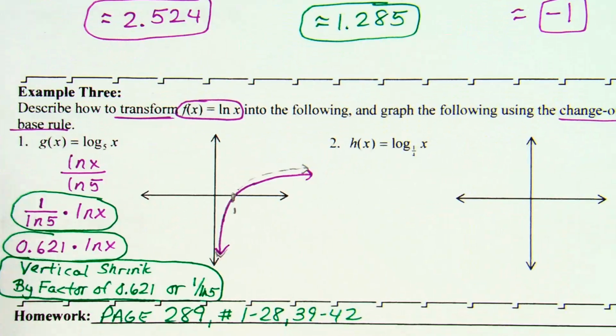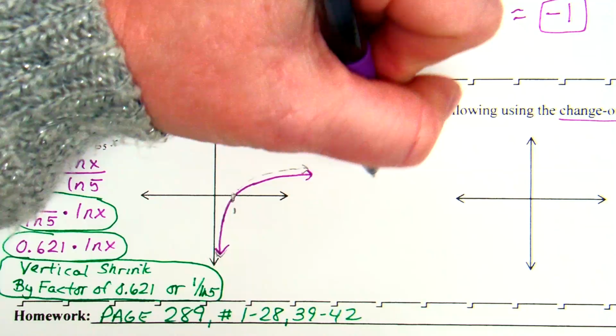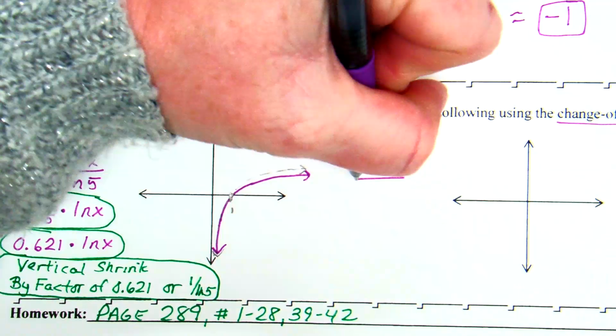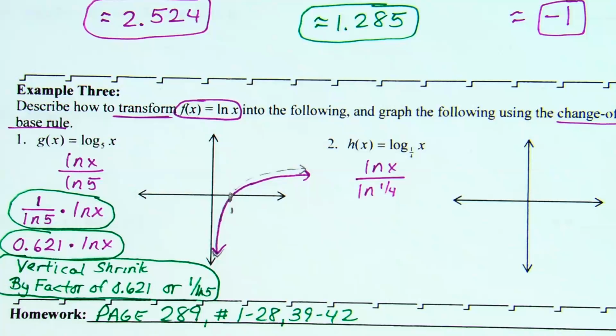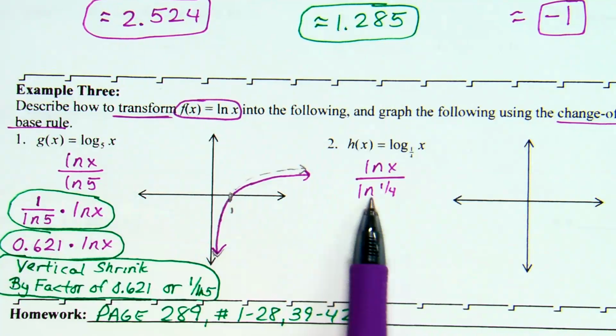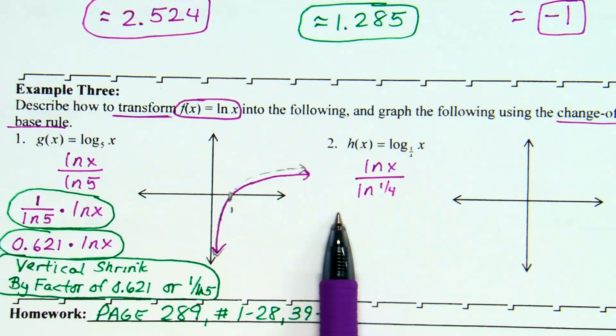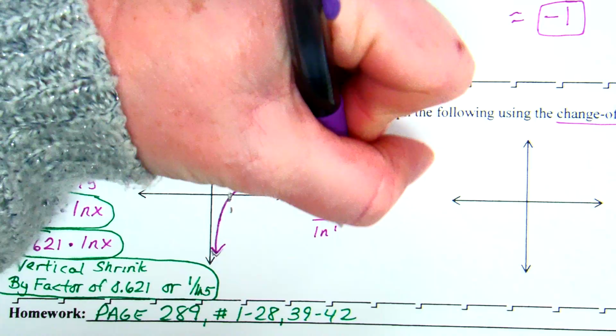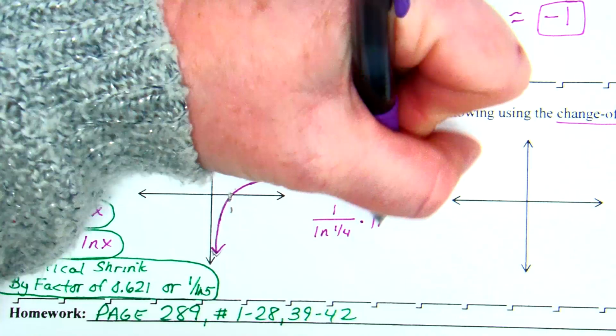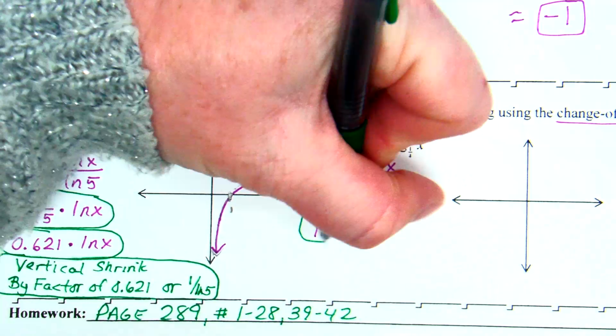Change of base rule says this is natural log of x over natural log of 1/4, or 0.25 if you want. How can I rewrite this so it looks more like a transformation? Yeah. Natural log of 1/4 is in the denominator. Pull it out front in the denominator. So it's 1 over natural log of 1/4 times natural log of x. That is one way to rewrite it.